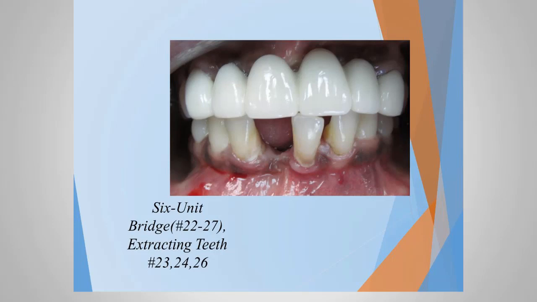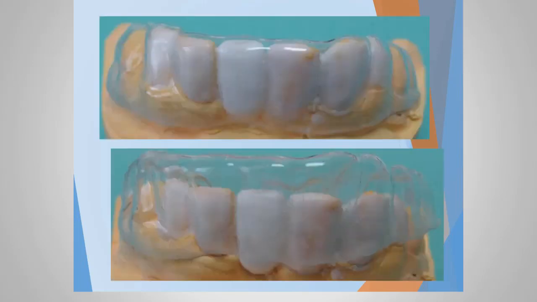Because we're dealing with teeth that we're going to be extracting, I want a temporary that's going to be long lasting because it's going to be in there for a while. Once we got the diagnostic wax-up and models back, we did a vacuum form over top of it, and as you can see, it's lacking a lot of detail that we would normally get in the PVS impressions.